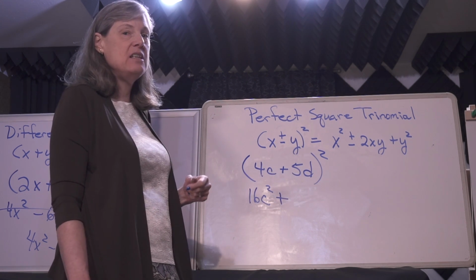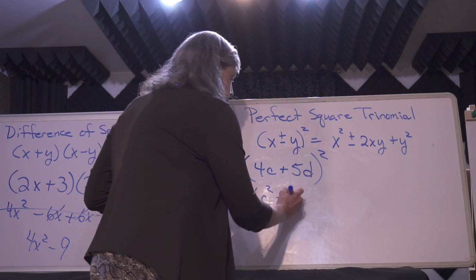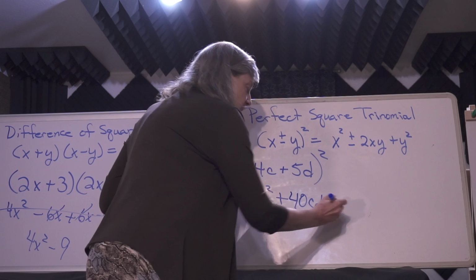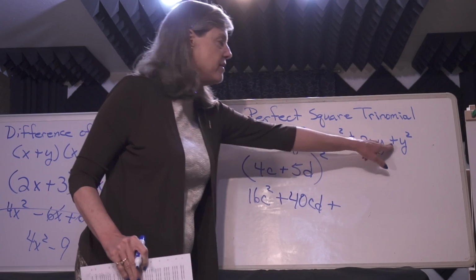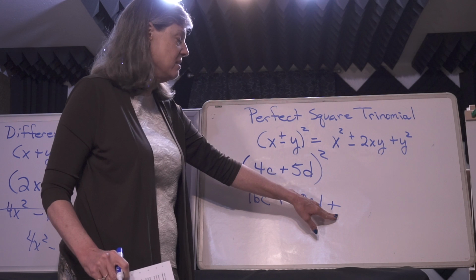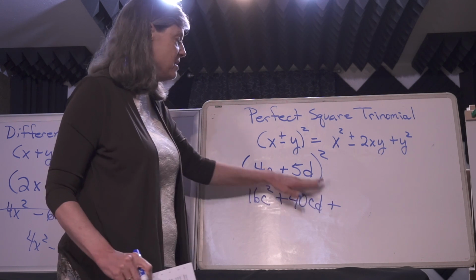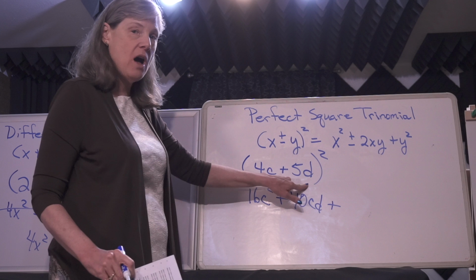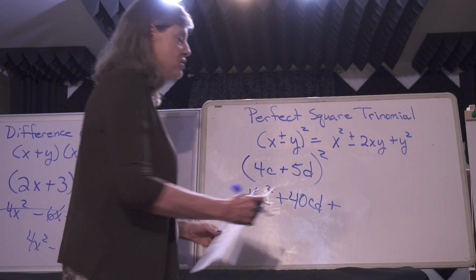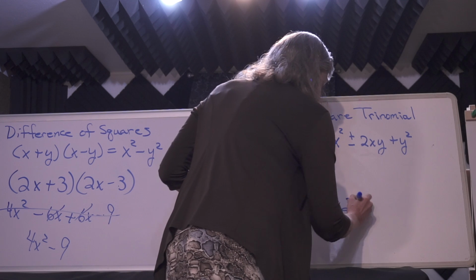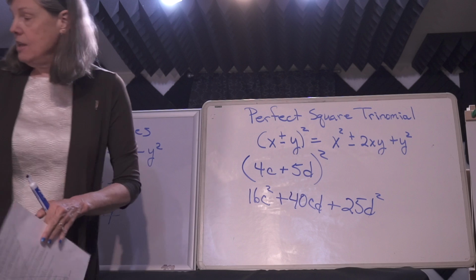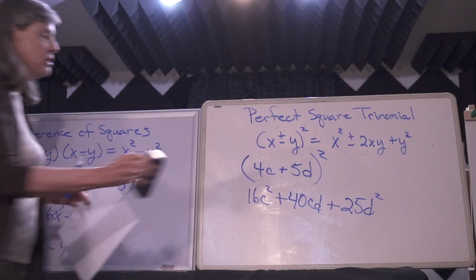So 20cd times 2 is 40cd. In a perfect square trinomial, this last sign is always positive. Okay, so that's positive. Then I just take my y, in this case 5d, and square it. So 5d squared is 25d squared.